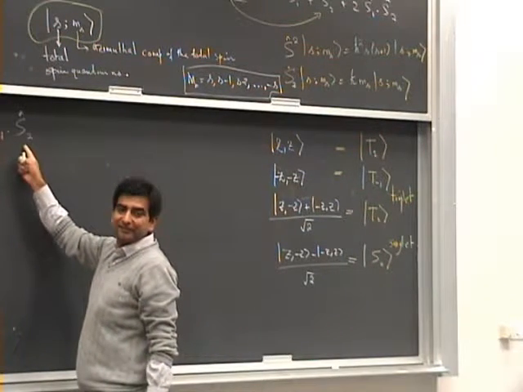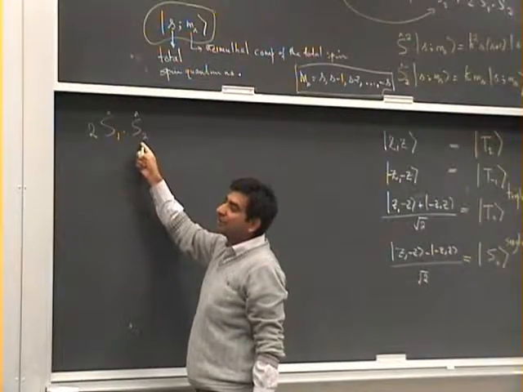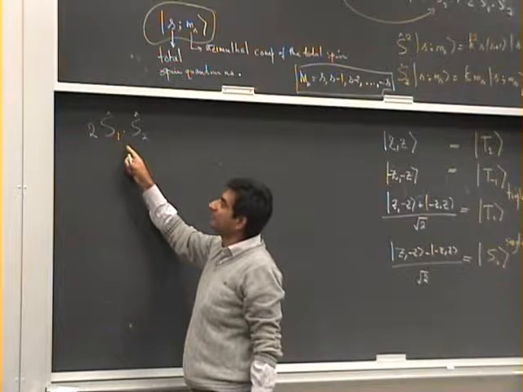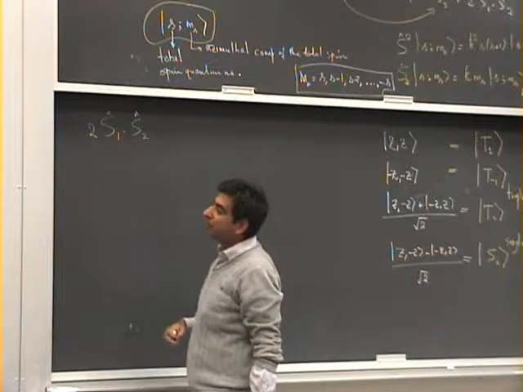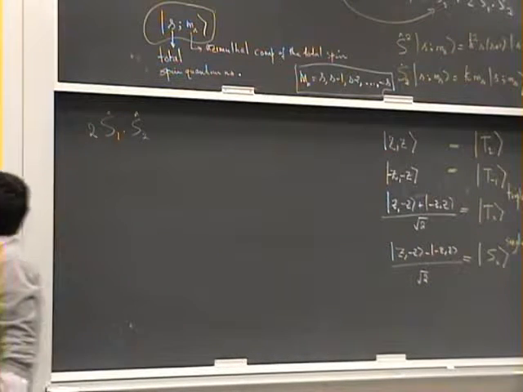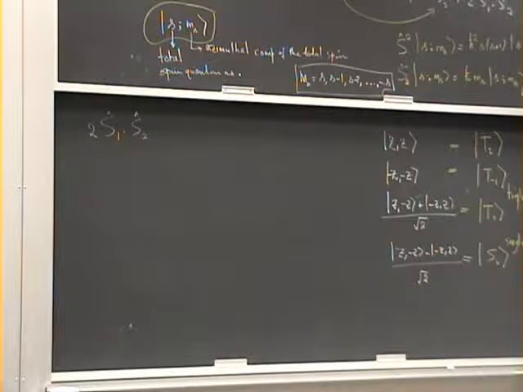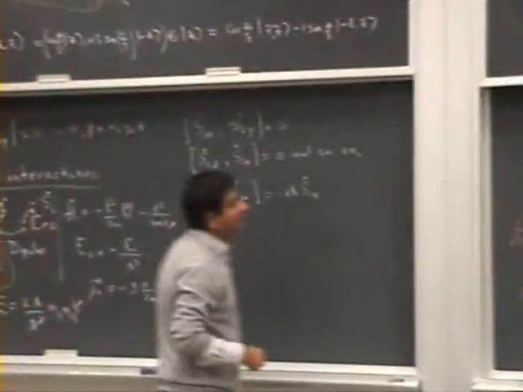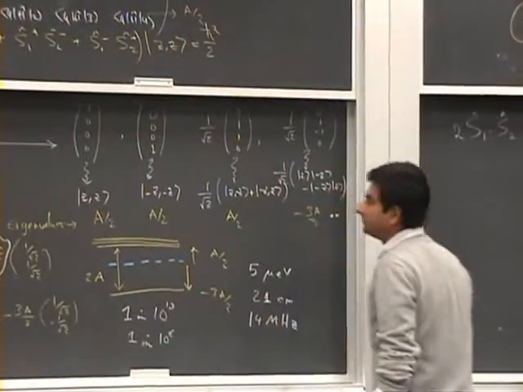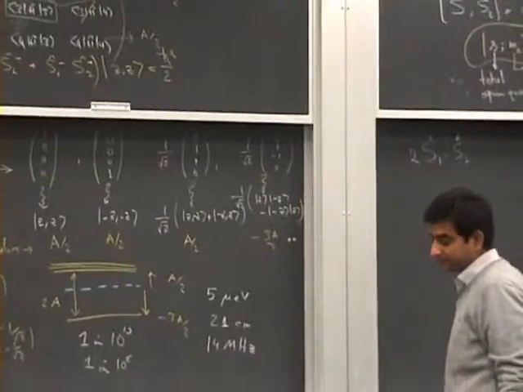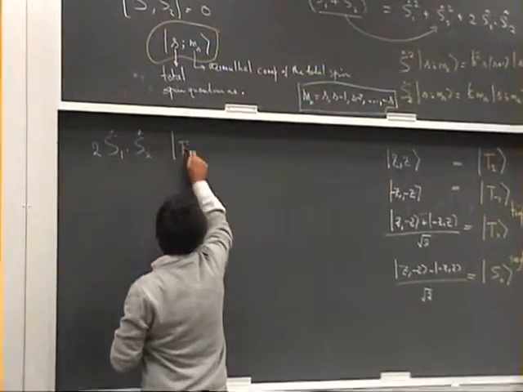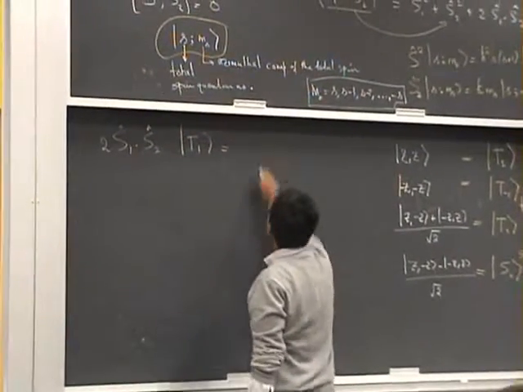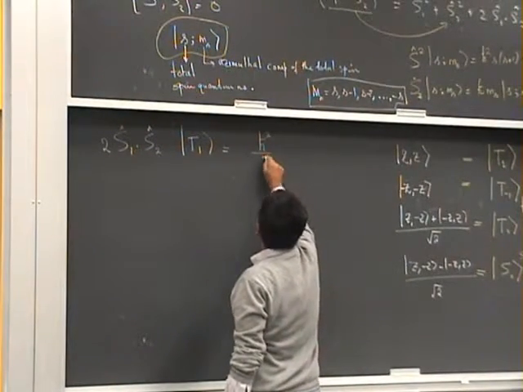Yes, it is. Okay. What's the corresponding eigenvalue? Let's find that out. In fact, we already found it. If the Hamiltonian has a factor 2a over h bar square, then this eigenvalue is a by 2. So if 2 S1 dot S2 acts on T1, I will simply get h bar square by 2 times T1.